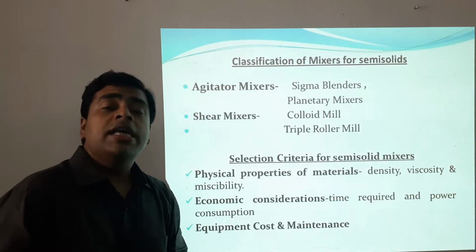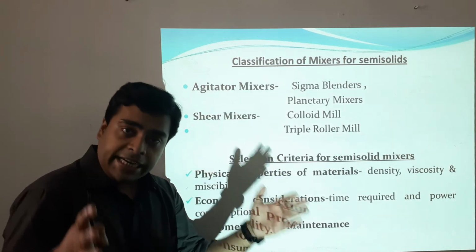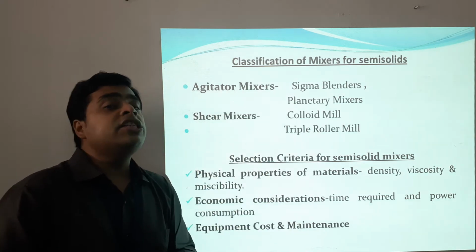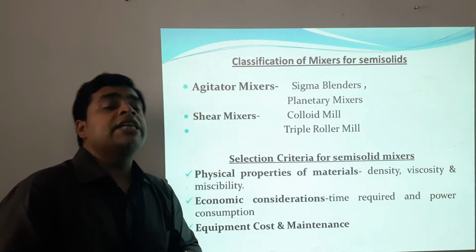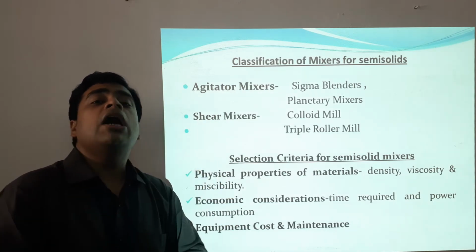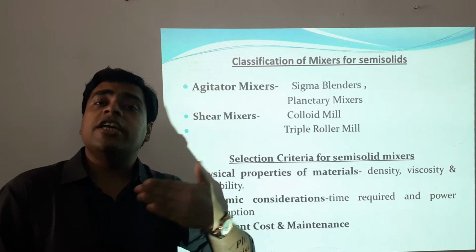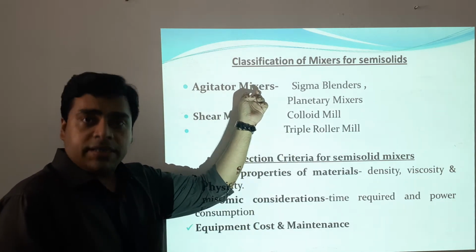If you recall, it is a static type of mixer provided with sigma or S-shaped blades, and lumps of solid particles, and maybe of semi-solid ones also, are broken down by the moving rotatory sigma blades. So it is categorized under the agitator mixer.